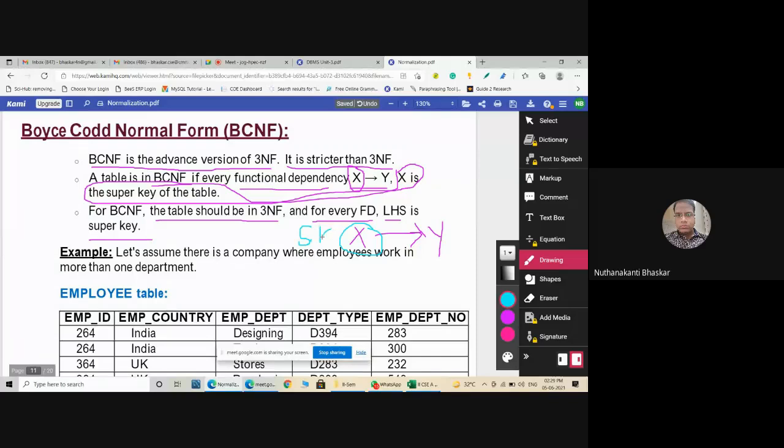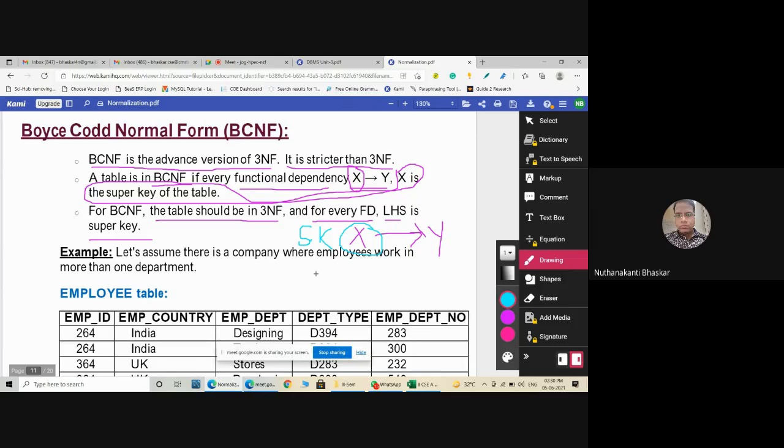When you are going to work out BCNF, the functional dependency is X determines Y. The LHS must be a super key. In this case, X determines Y. If you write that, X must be a super key. Clear? Yes, sir.